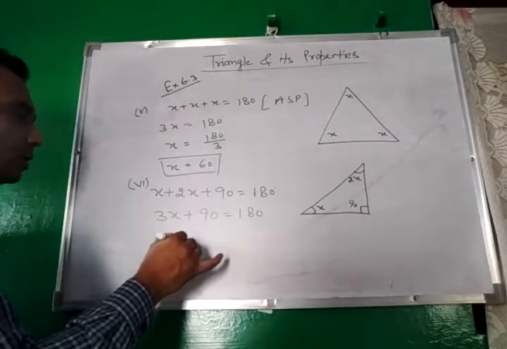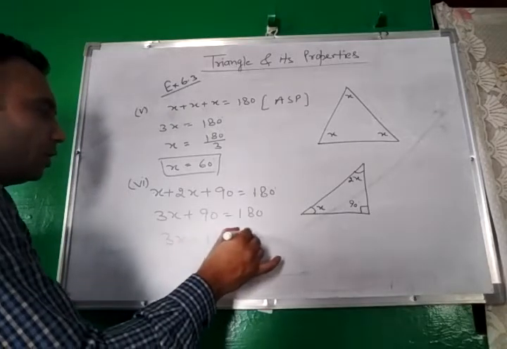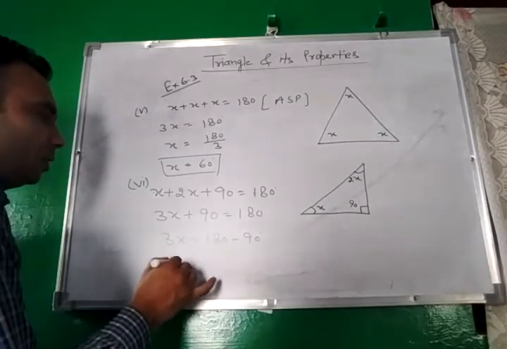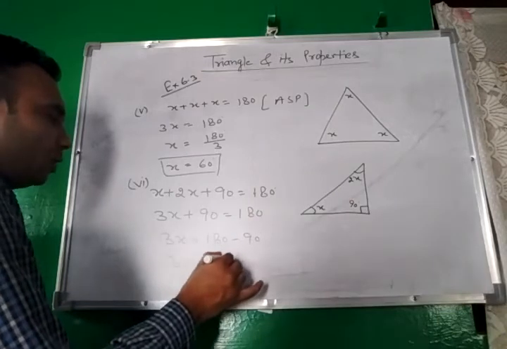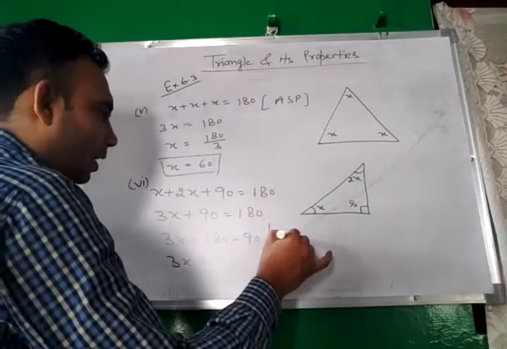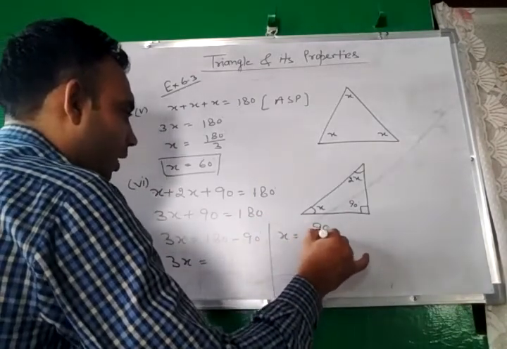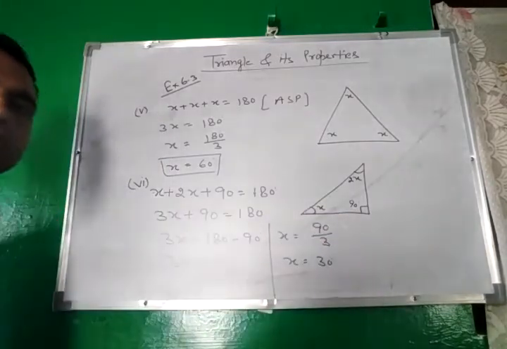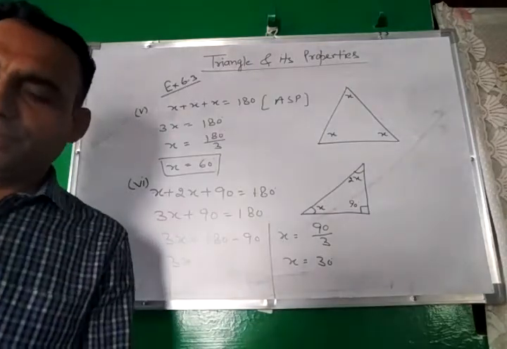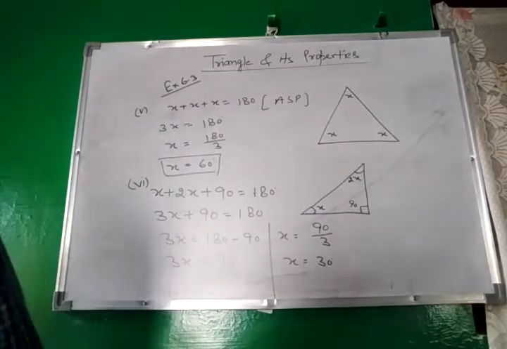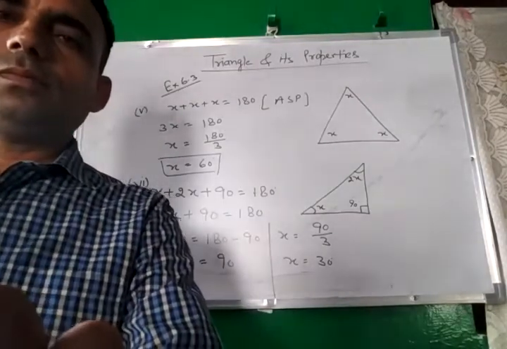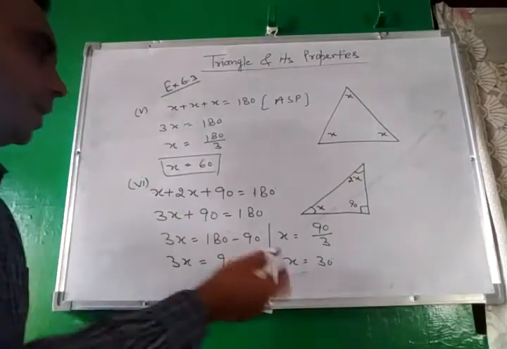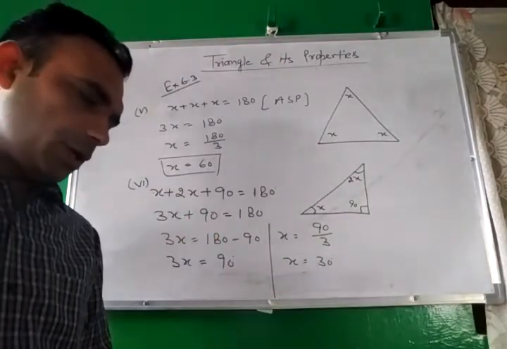So 3x is equal to 180 minus 90. 3x is equal to 90 degrees and x is equal to 90 upon 3, which implies x is equal to 30 degrees. Okay? So x is equal to 30 degrees.